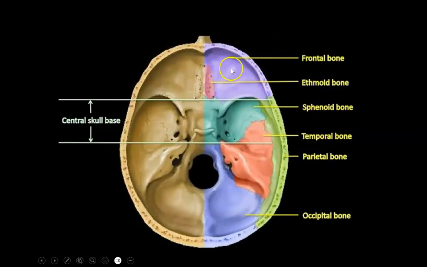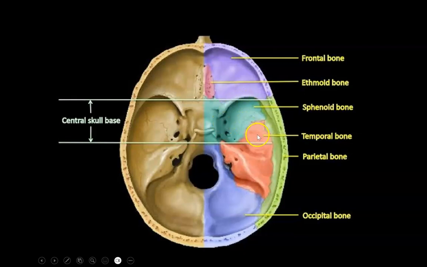So with the different colors, the violet color is the orbital plate of the frontal bone, forming the base of the anterior fossa or the roof of the orbit. On either side of the ethmoid bone in the midline, and behind the ethmoid bone in green, is the sphenoid bone, which is forming the medial part of the middle fossa and a posterior part of the anterior fossa.